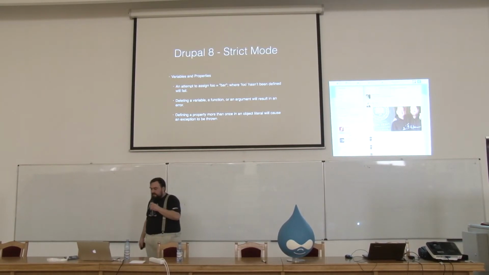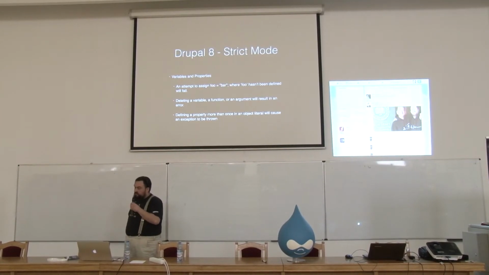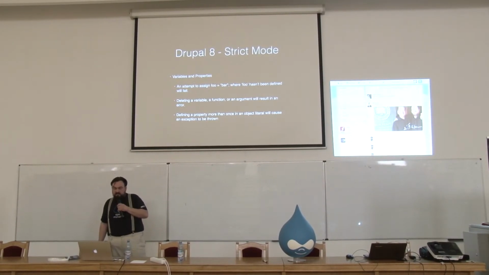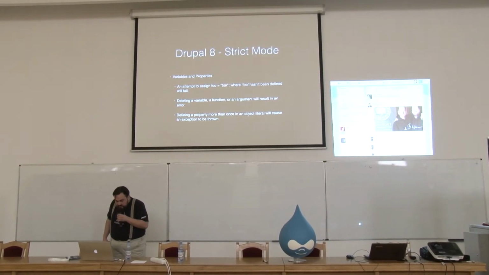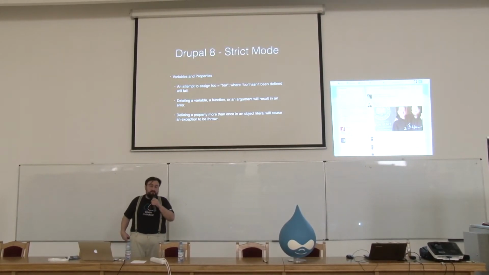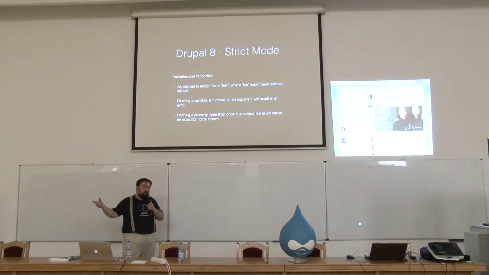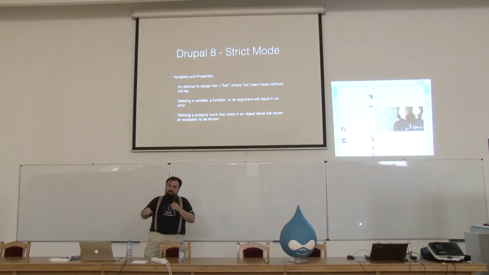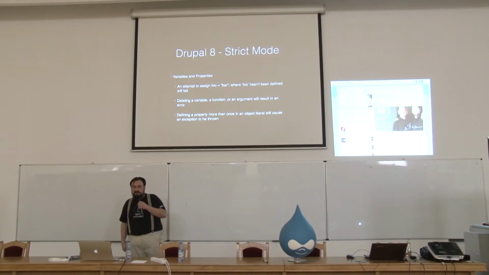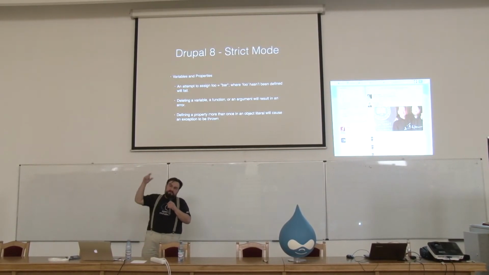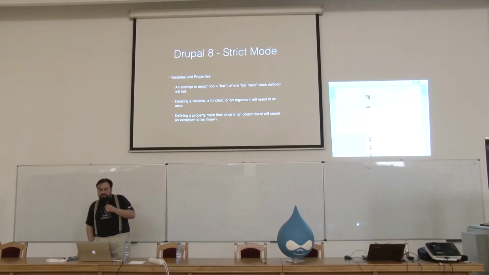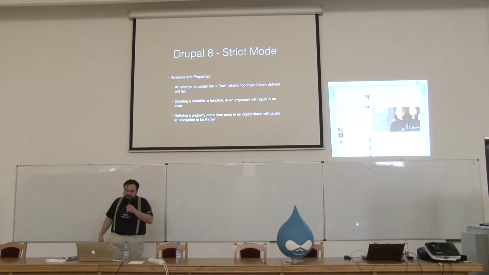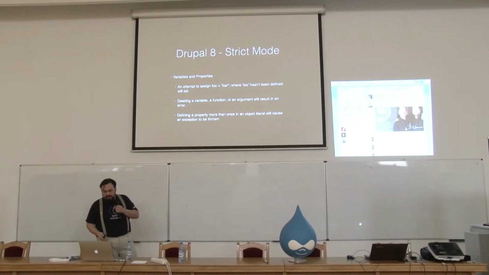You can only delete object properties. Defining a property more than once in an object literal will cause an exception to be thrown. So basically, by mistake, you get some code, you copy it. Months later, you put something else in the code, like 500 lines down, and you overwrite something that was declared up in the code, and then it breaks. This will not happen if strict mode is enabled.